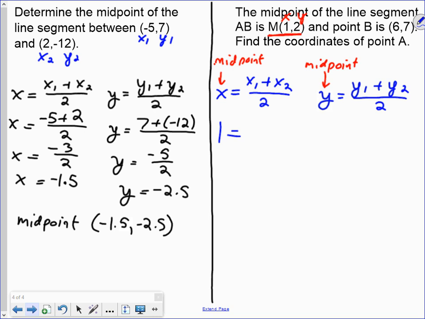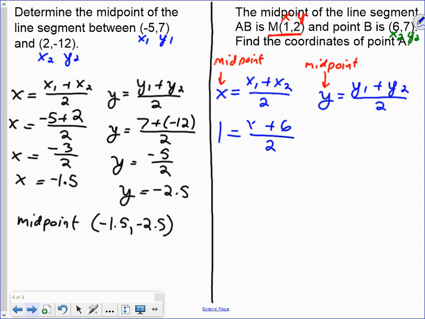Now, I can label my endpoints like x1, y1, x2, y2 again. So let's label point B here. It's my endpoint. Let's label it x2, y2. Okay. I can sub those numbers into the equation as well. So my x2 value is going to be 6, divided by 2. x1 represents the x value of point A. That's what I'm trying to find.